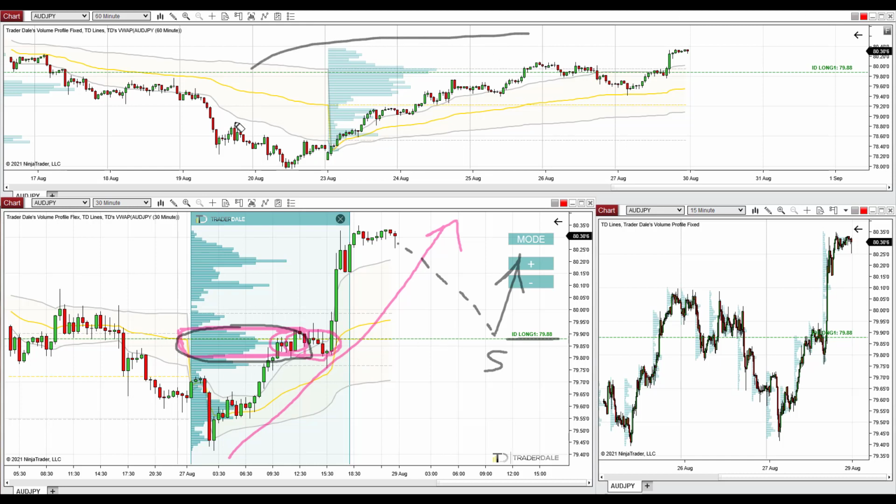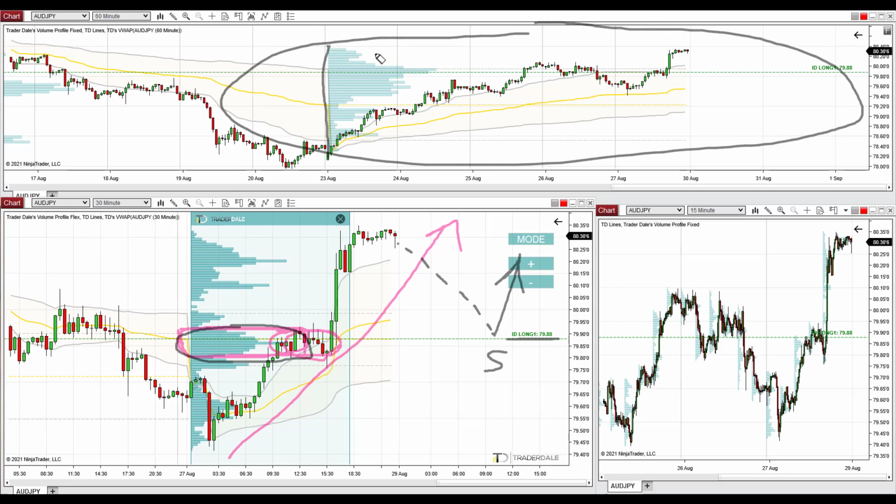And if you look at this chart, the overview chart with the weekly profile, then you can see that the weekly profile has a weekly point of control in here, which means that the heaviest volumes throughout the whole previous week were traded around this price level, 79.88.